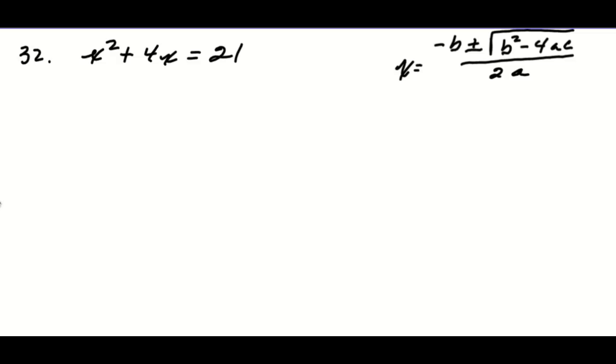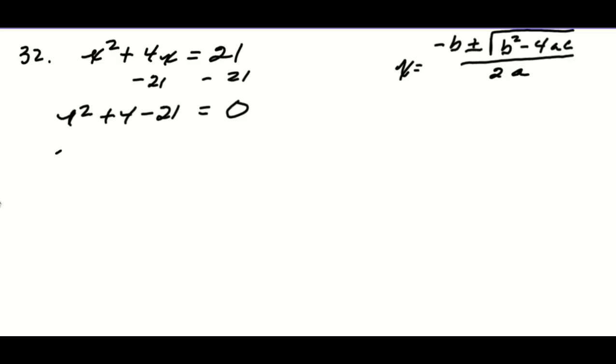You could transfer the 21 over, which sets it up as x squared plus 4x minus 21 is equal to 0. Now the question is, what two numbers when multiplied together give me 21 and the difference is 4? Those two numbers happen to be 7 and 3.